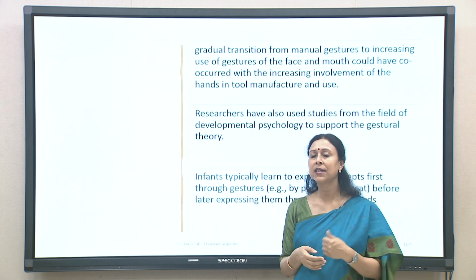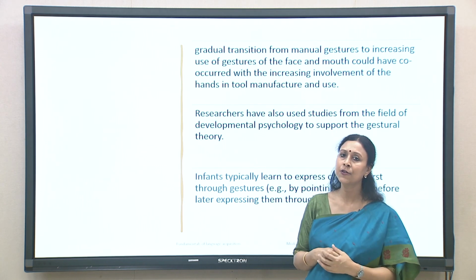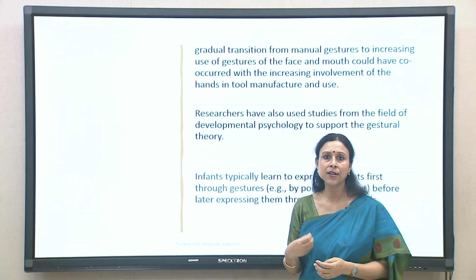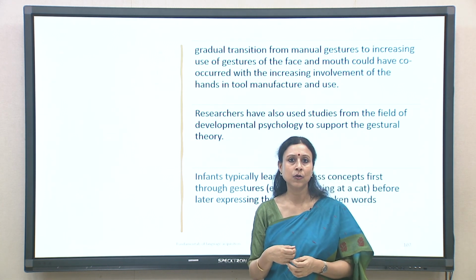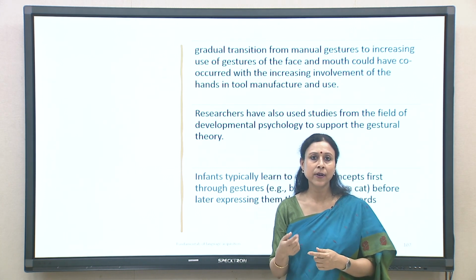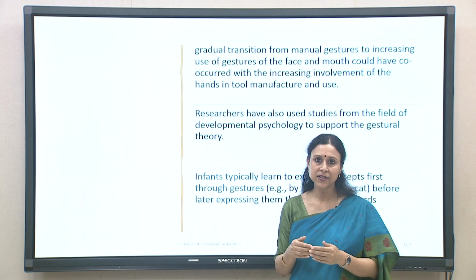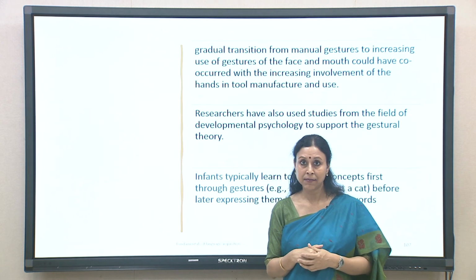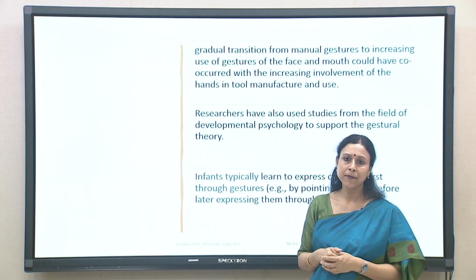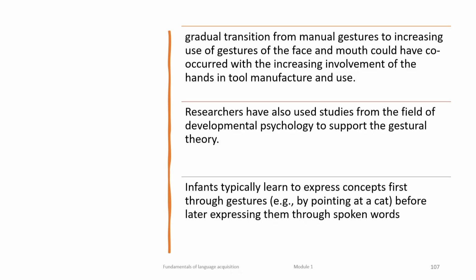His theory has been supported by many others also, that when we started to create tools is when finer cognitive abilities started to appear among humans. So, this is when a large number of gestures probably shifted from the hands to the face and the mouth. That is the idea.